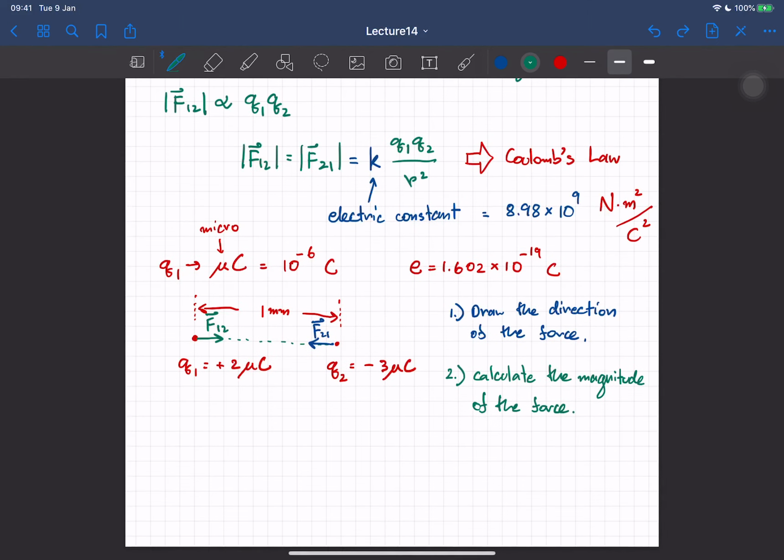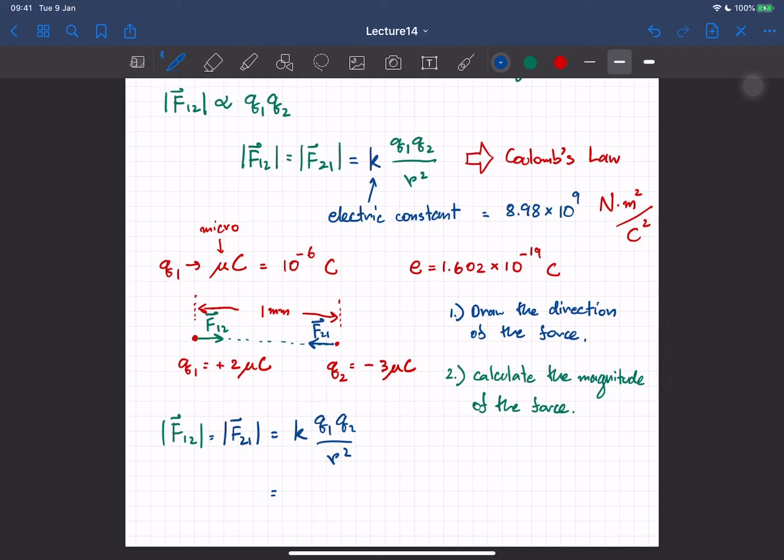So magnitude is easy because the magnitude of the force F12 or F21, they are equal, so it doesn't matter which one you pick. So just writing down to be clear, it's equal to K times Q1 Q2 divided by R squared. So this is quoting Coulomb's law.